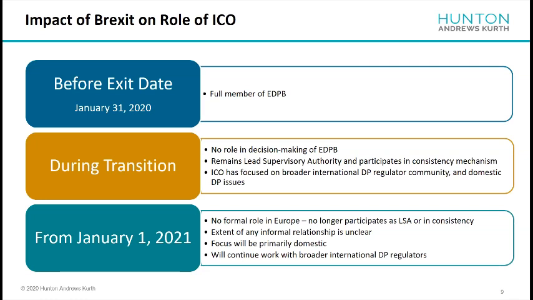Now, there have been informal remarks made about cooperation between the regulators, but nothing formal yet, so we'll need to wait and see what eventuates on that front. So that's a brief scene-setting overview. I'm going to hand over now to Rosemary to talk about the all-important issue of UK adequacy.